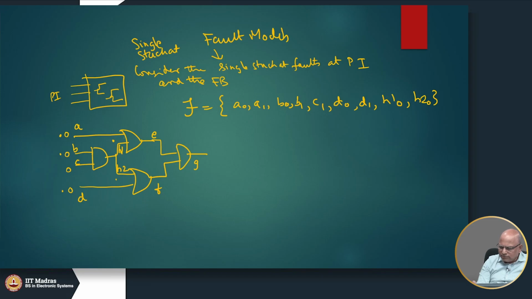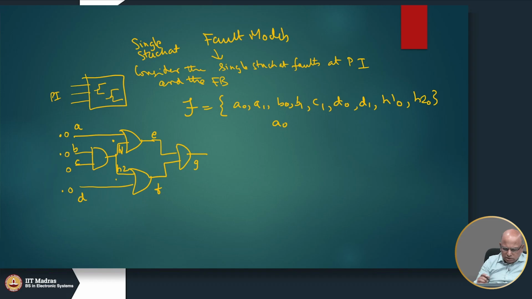So, we have to find a test vector or a way to test each one of these faults. We will start with A0. I have taught you one way to find a test vector for A stuck-at 0, and that was based on the XOR gate method. What does it say?